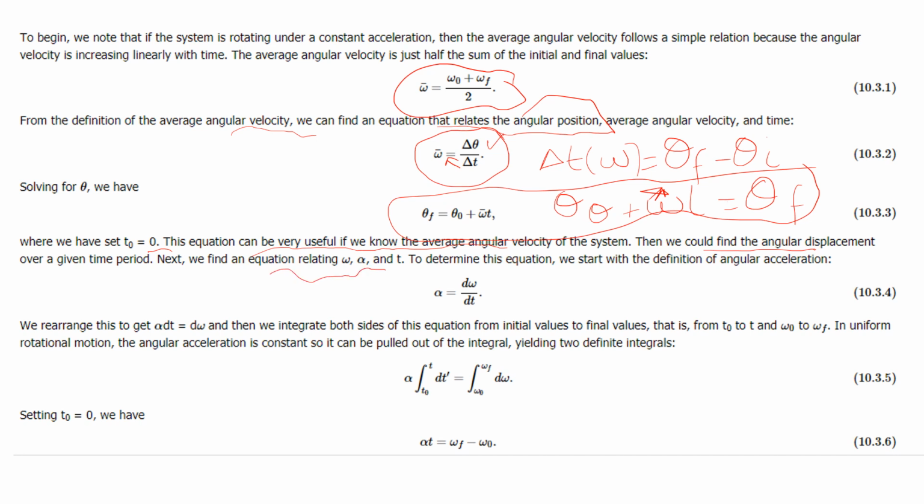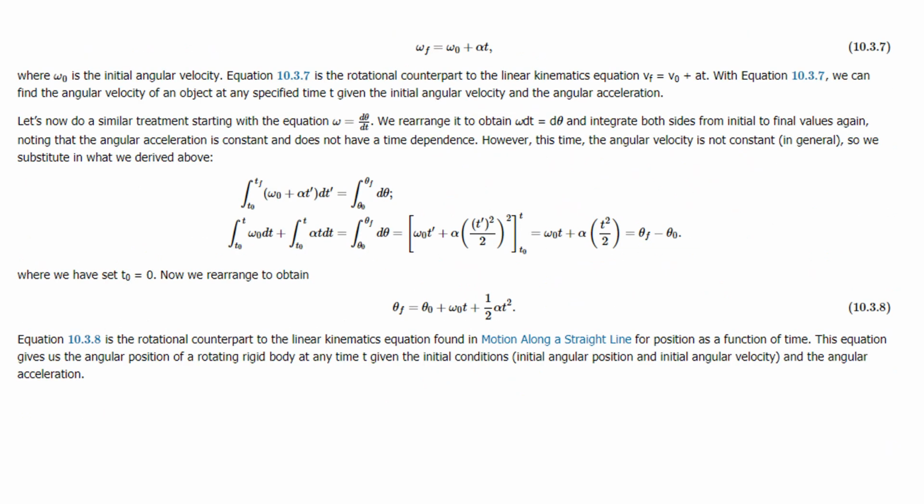Next, we find an equation relating omega, alpha, and t. To determine this equation, we start with the definition of angular acceleration. Now take an integral on both sides. When you take the integral, you end up with alpha t equal to omega f minus omega naught.